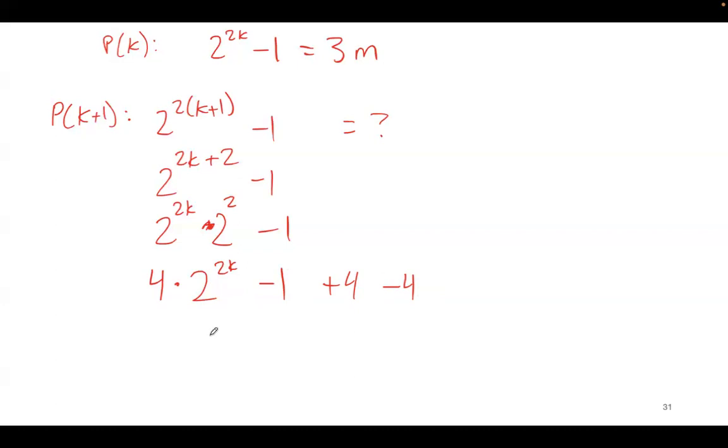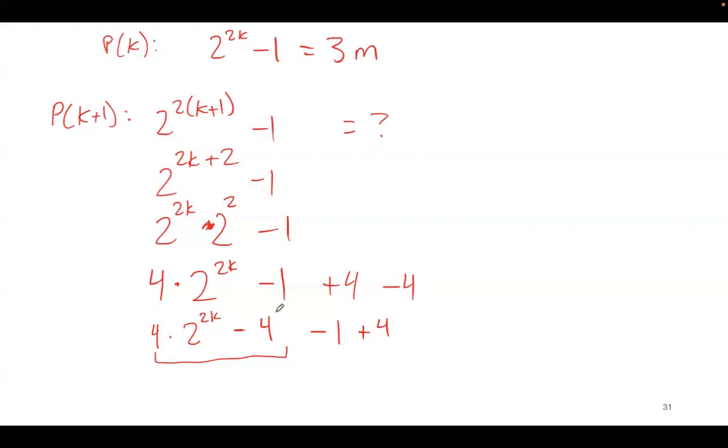Okay, so let's rewrite this a little bit. 4 times 2 to the 2k. I'll move the minus 4 up front. And then I've got a minus 1 and a plus 4. Good news, with those two terms, I can pull out a 4. This is where it's a little bit sneaky, because we know that we're looking for something minus 1.